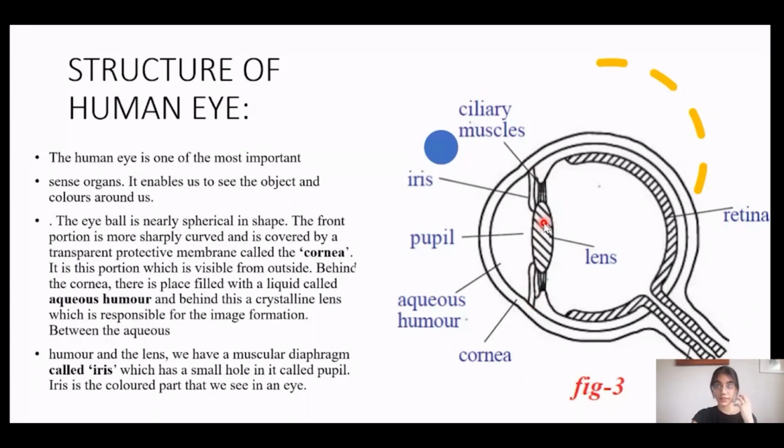So when you look at the eye very closely in the mirror, you see brown lines, sometimes yellow lines, or sometimes you see a color in the eye. Actually, this is your iris. It can vary in color, but that is exactly your iris. It is a muscular diaphragm, it contains your pupil, and it can vary in color.